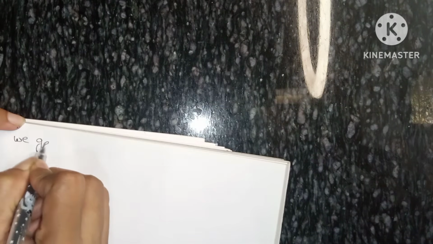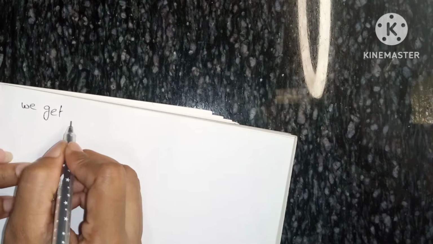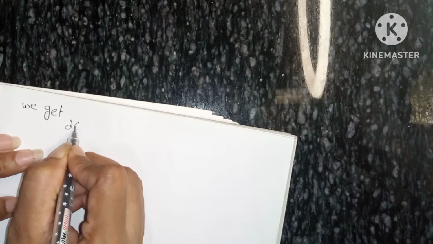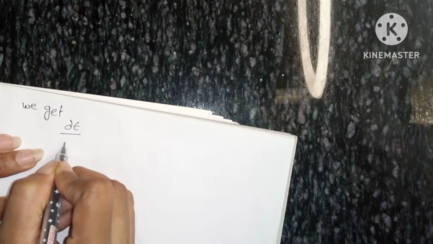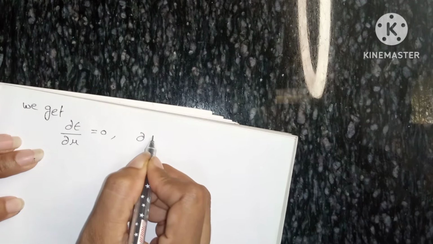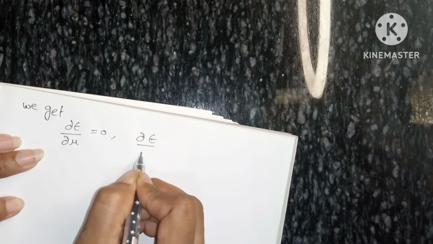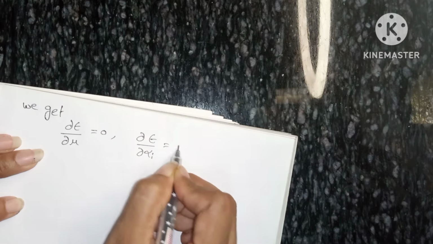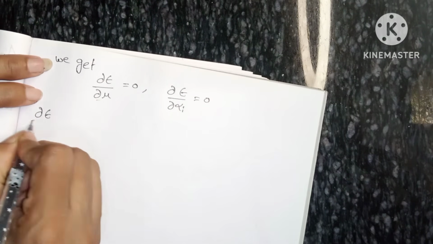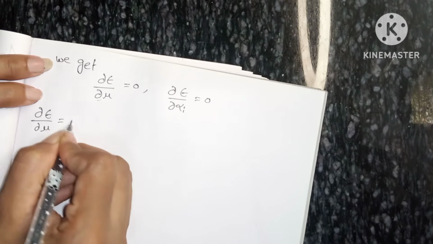What do we get? We get dou E by dou mu equals 0 and dou E by dou alpha i equals 0. So first we have to consider this one, dou E by dou mu equals 0.